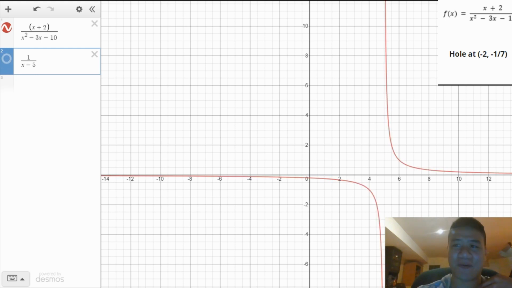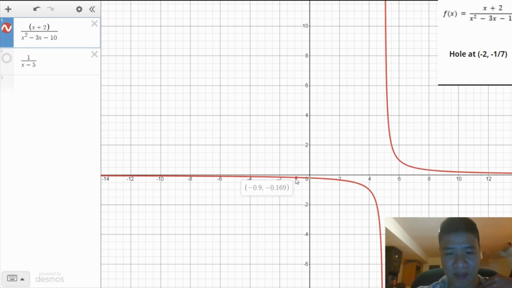However, we're going to take a look at what happens at negative 2, because we said that there's a hole at negative 2. So on our red original function, look at negative 2. It is undefined. There we go. Once again, there's a hole at the factor that we crossed out right there.